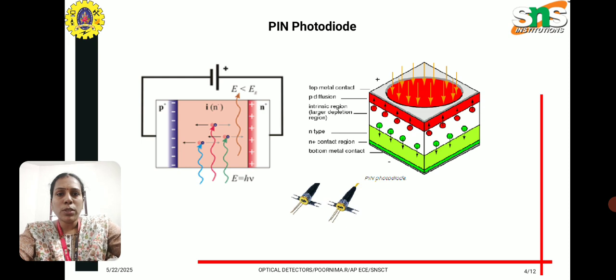It happens through the mechanism that when the light signal photons are absorbed in the intrinsic region, which is the reverse biased pin photodiode, electron hole pairs are generated within the material, and from this the current is generated in the external circuit.